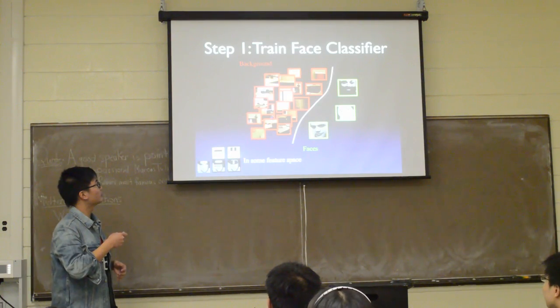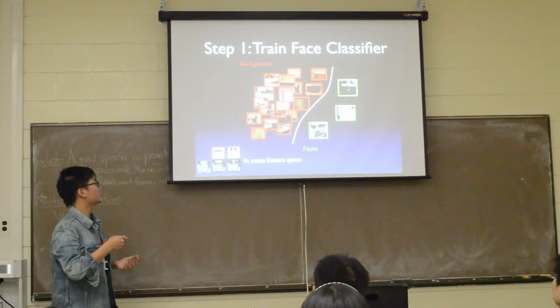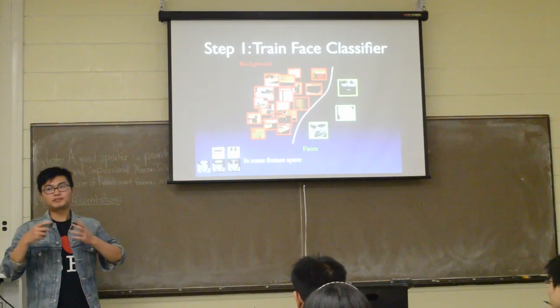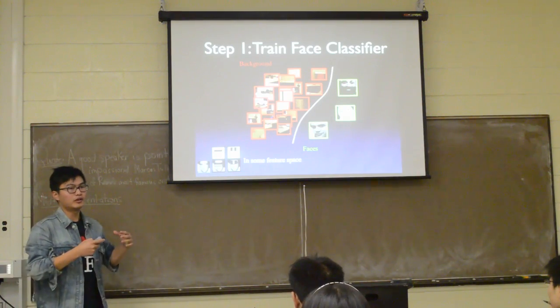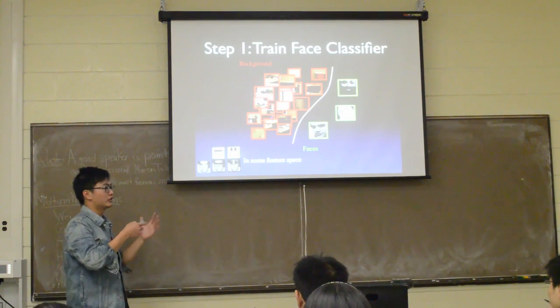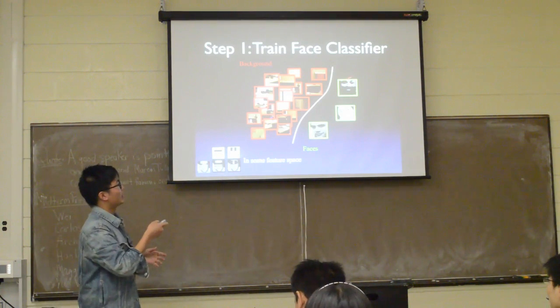One is this rectangle: the upper part is black and the bottom is white. You convolve this with the whole image, so you can transform the image into some other feature, and based on this feature, you do the same thing: you learn a function to classify background and face.